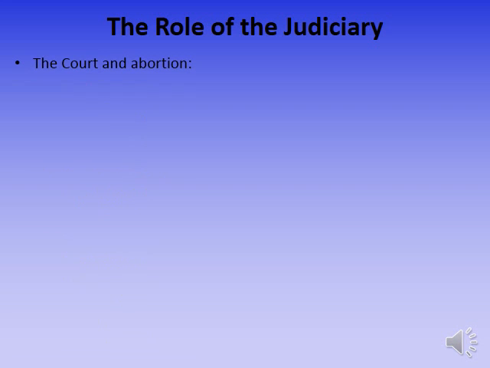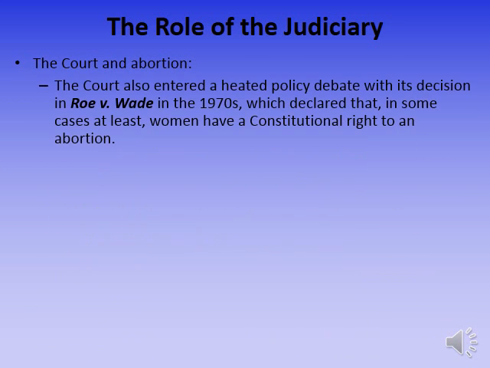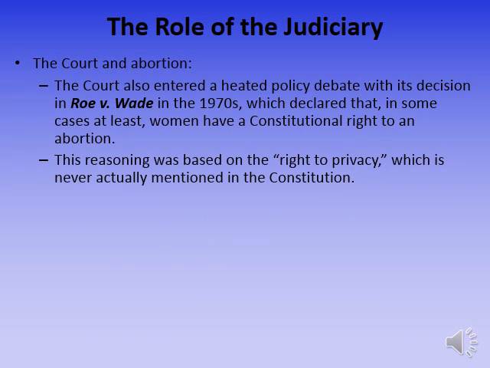There's also a debate about the court's role in abortion cases. The court entered a really heated debate with its decision in Roe versus Wade in the 1970s, that declared, at least in some cases, that women have a constitutional right to an abortion. And we saw that reasoning was based on the right to privacy, which is never explicitly mentioned in the Constitution.